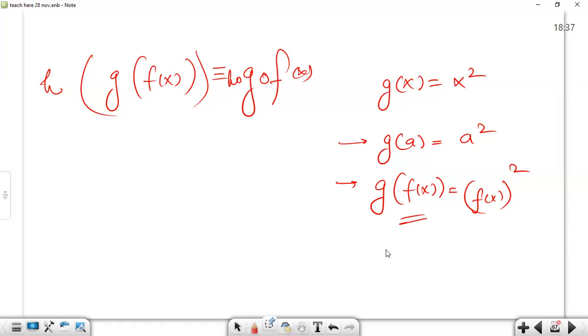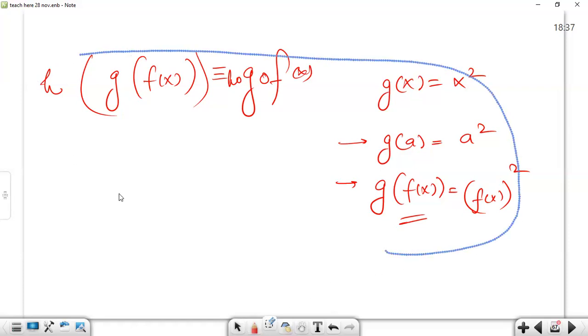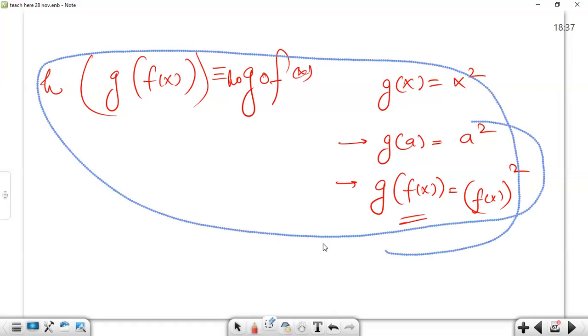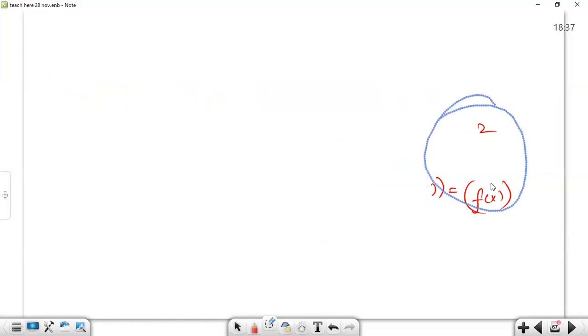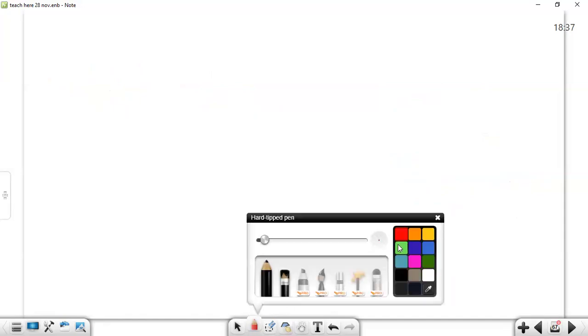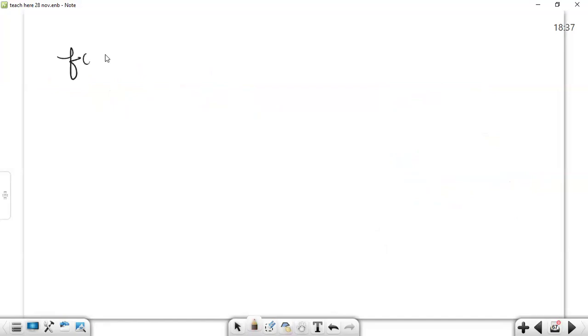Okay, let's take some examples. What is happening here? So f of x is a function 2x square plus 3x plus 1. And g of x is a function x plus 1.